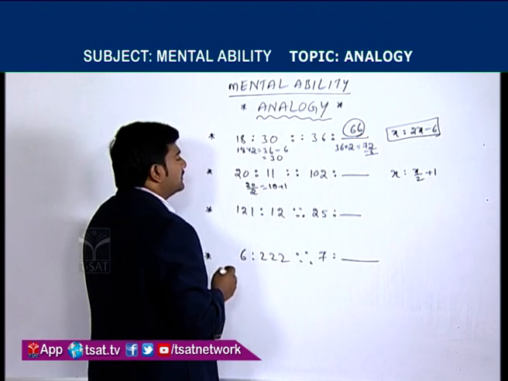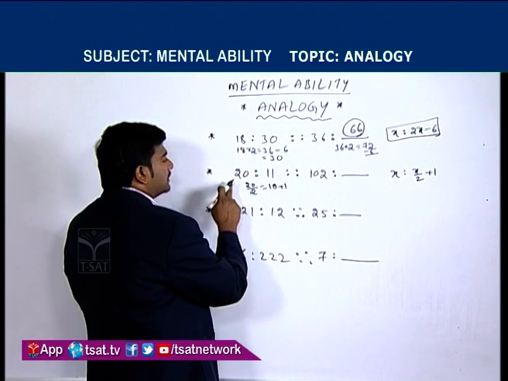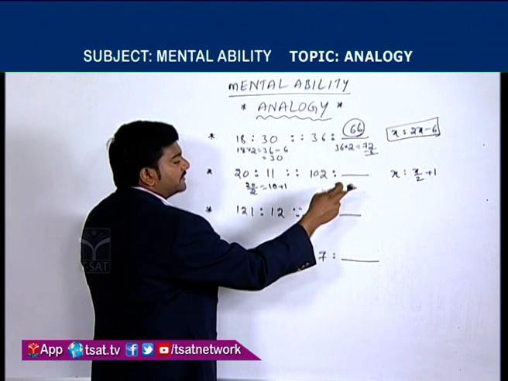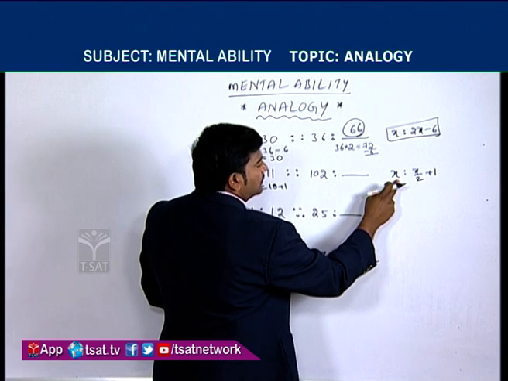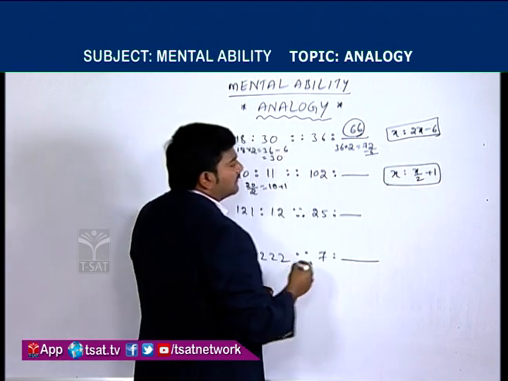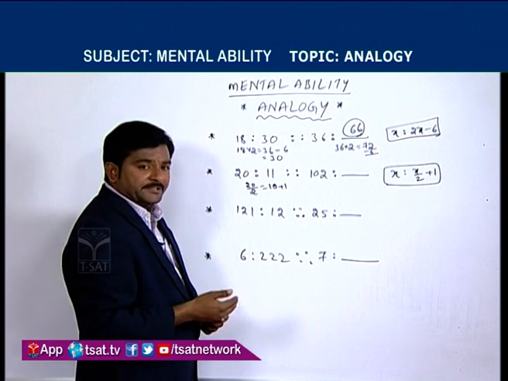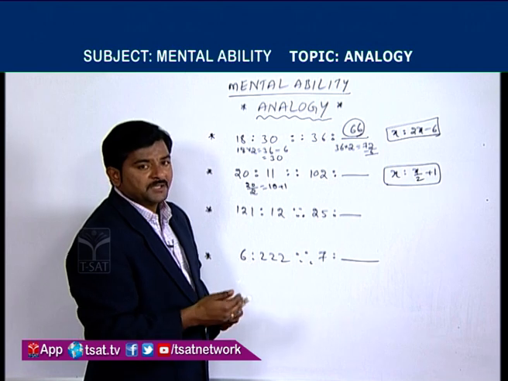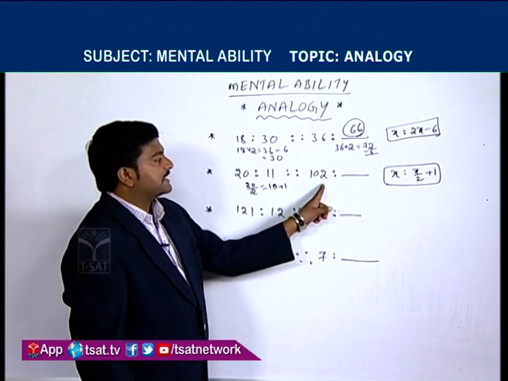That is the concept involved in this logic. Here x is divided by 2 and 1 is added. Here 20 is given, 20 is divided by 2 plus 1. Hence the concept involved for the second model is x is to x by 2 plus 1. Now the same logic will apply for the second pair also.